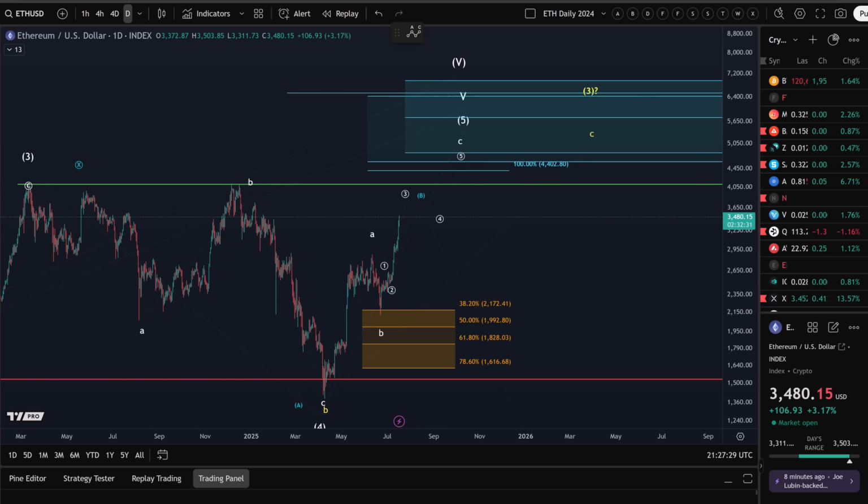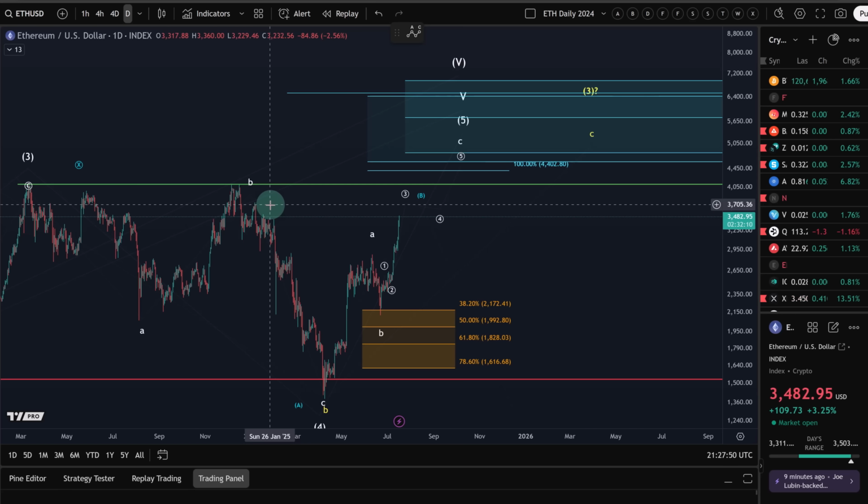Not sure how long it lasts, but we're getting closer to that $4,100 level, the next key resistance that you see here on the chart. And this is the main resistance. I mean, there are smaller resistance levels above, like these swing highs around $3,750, for example.